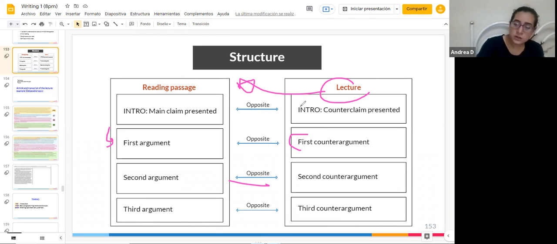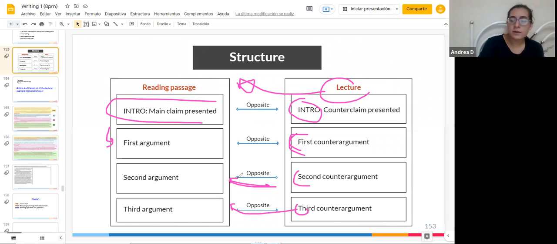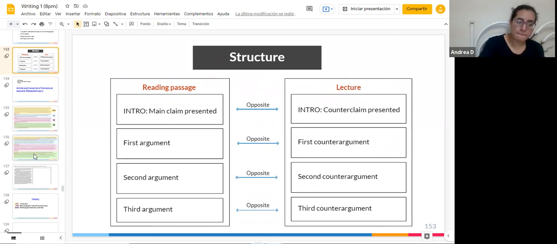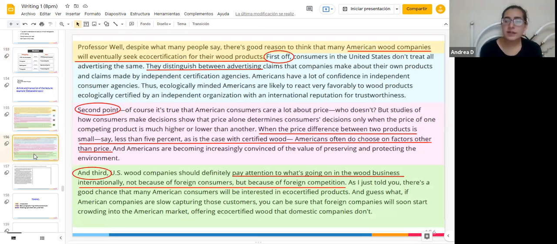You'll have a short intro where the professor is going to be objecting to the main claim. And then you'll have three reasons, each one the opposite of the ones that you had in the reading. So you just need to try to catch them. So for example, here's a transcript of a lecture. And as you can see, it has the same structure.